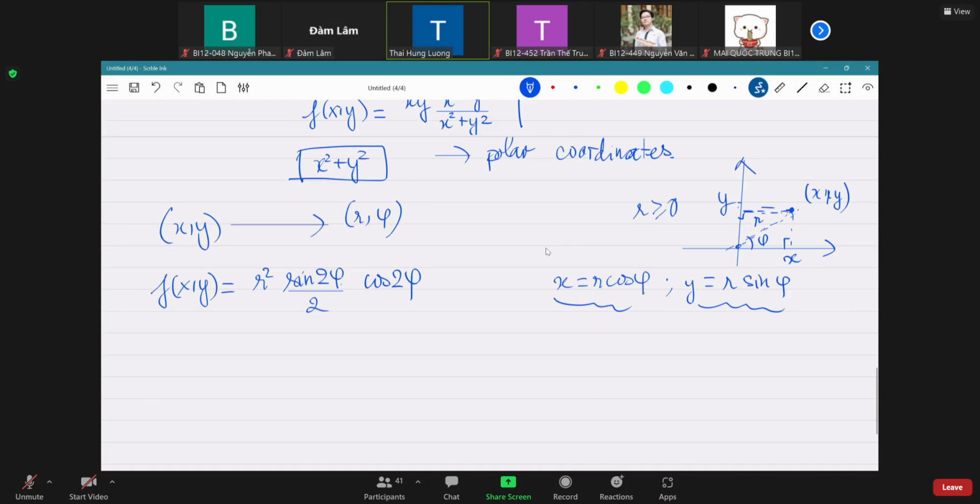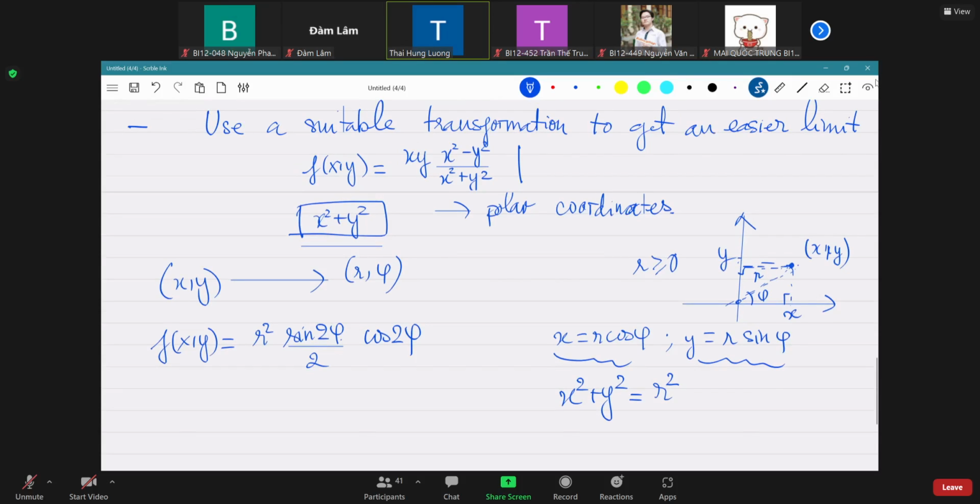The reason I told you that when you see x squared plus y squared, you should think about polar coordinates, is that with this transformation, x squared plus y squared is nothing but r squared. So with r squared in the numerator here, you can eliminate it.